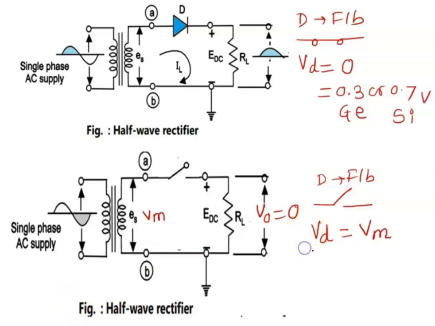Now this voltage is called PIV. PIV stands for peak inverse voltage. It is the maximum voltage across the diode when that diode is in reverse bias. We will study this parameter in detail in the next video, but right now the peak inverse voltage for the half-wave rectifier is nothing but Vm.